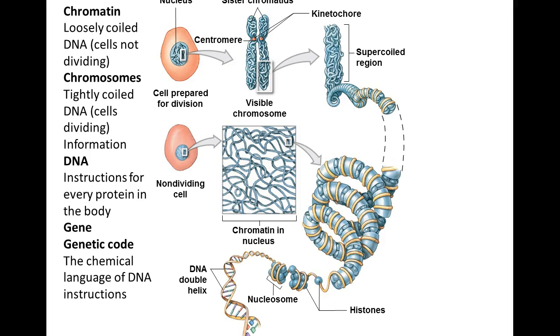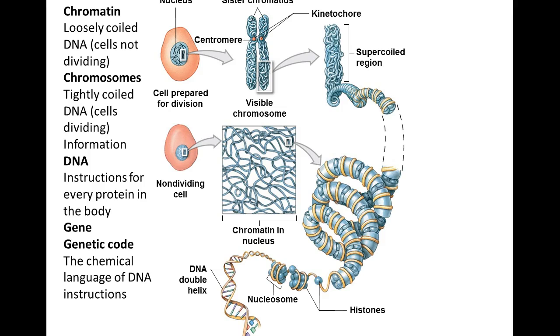This particular image talks about 3 or 4 different things that are terms to know at this point. So chromatin is the genetic material when the cell is just being the cell. And when you think about that, it makes sense. You have these chromosomes that we can see with an excellent microscope. When the cell is getting ready to replicate, you can see these.